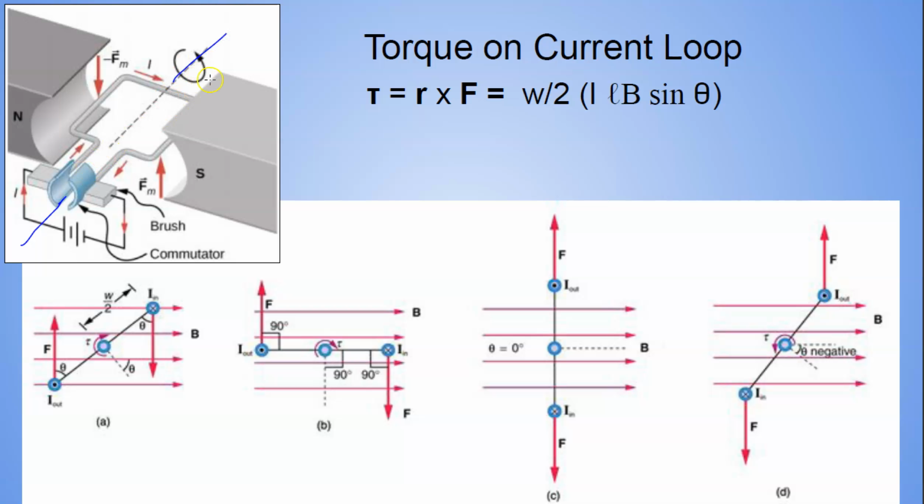It spins, and so that wire way over here, some distance r away from the axis of rotation, and a force on that wire way over there means that I have a torque. So this is how much torque an electric motor generates, because that's what we're talking about here. This is an electric motor.